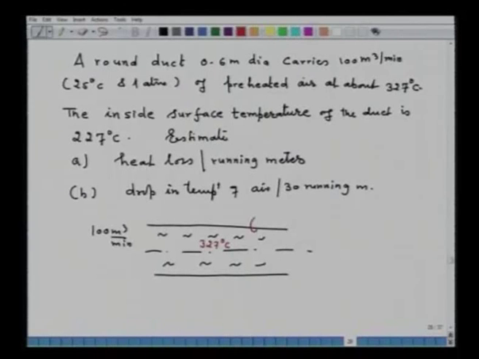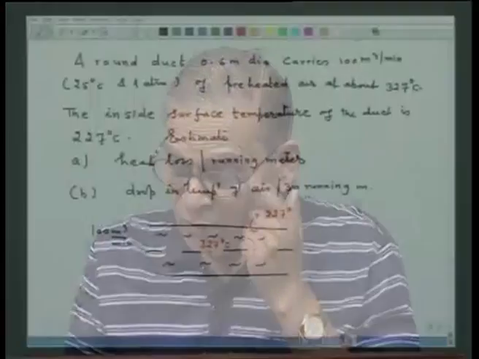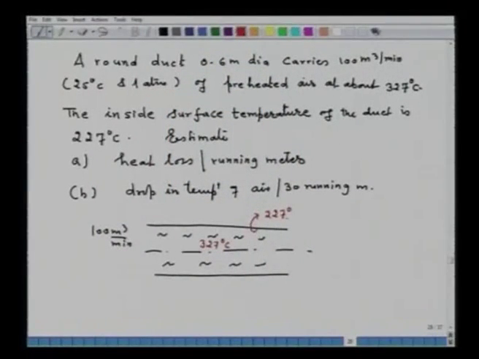The inside temperature of the duct is given as 227 degrees Celsius. So, as the gases flow, heat transfer will occur because of the difference in temperature. This is typically a problem of forced convection heat transfer because the gases are flowing at a particular speed. Depending on its speed, the heat loss from the preheated air will occur, and that you have to estimate.